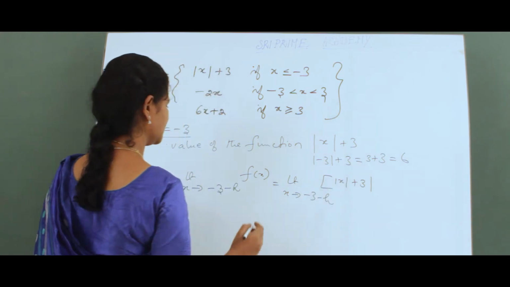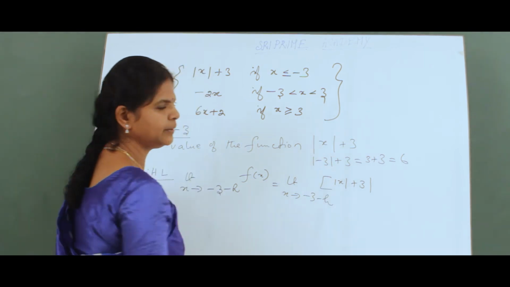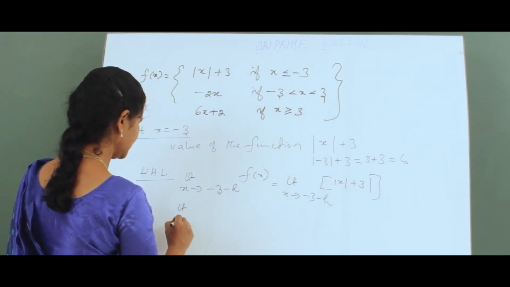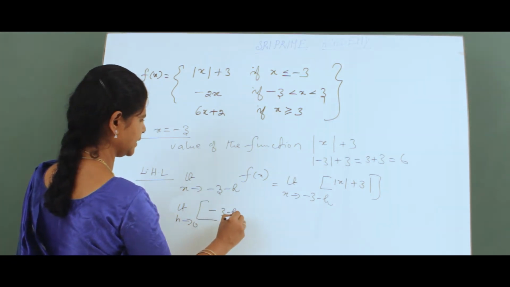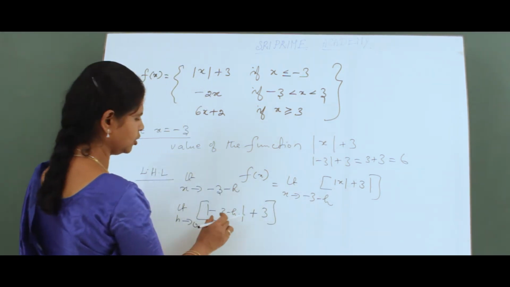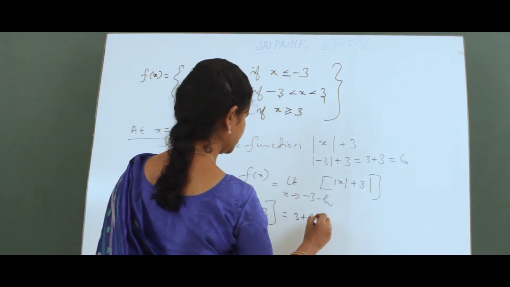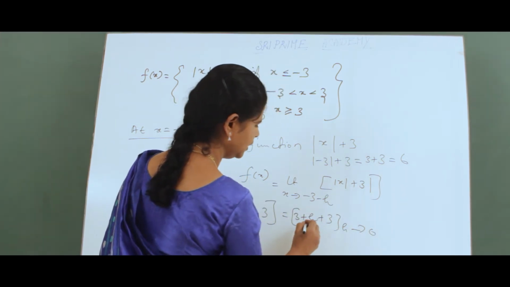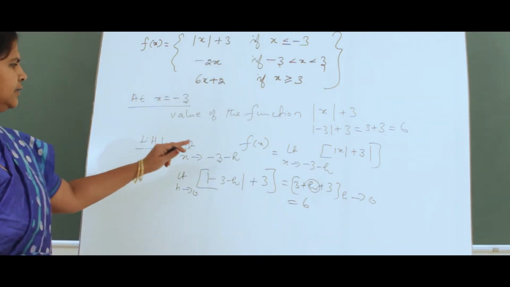When x tends to -3 minus h, the limit becomes h tends to 0. So limit h tends to 0, modulus of -3 minus h, plus 3. If there is a negative sign inside the modulus, it becomes positive. So 3 plus h plus 3, as h tends to 0, this becomes 0. So the answer is 6. So this is the left hand limit.